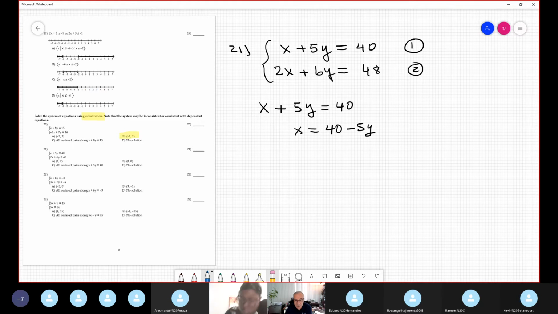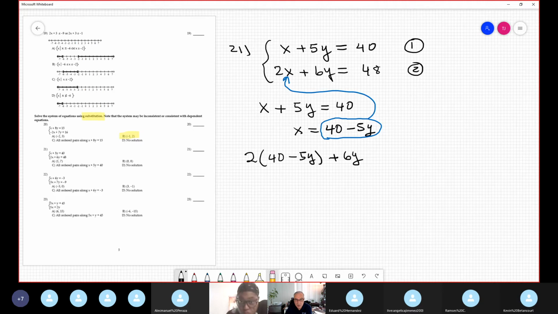Now you take this expression, substitution, replace here. And we have 2 parentheses 40 minus 5y plus 6y equal 48. Multiplication is distributed. This is 80 minus 10y plus 6y equal 48.